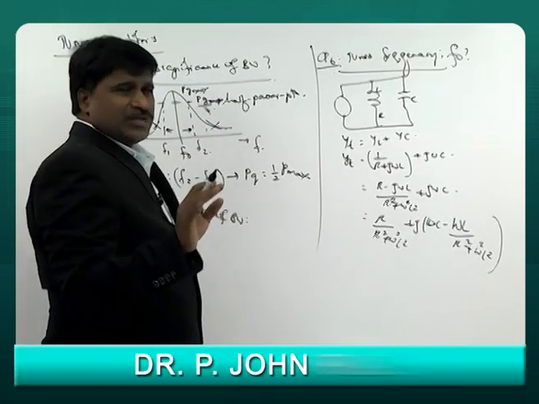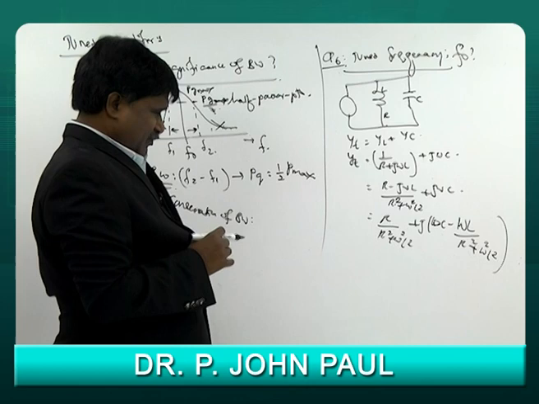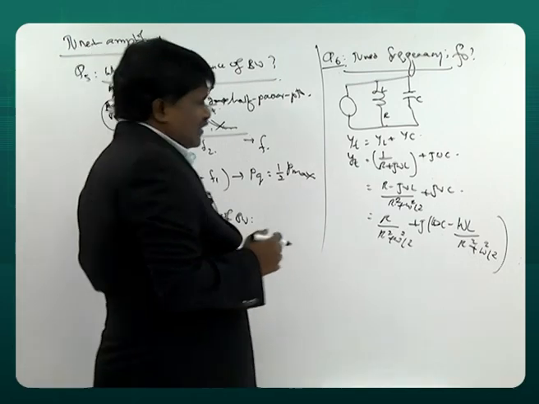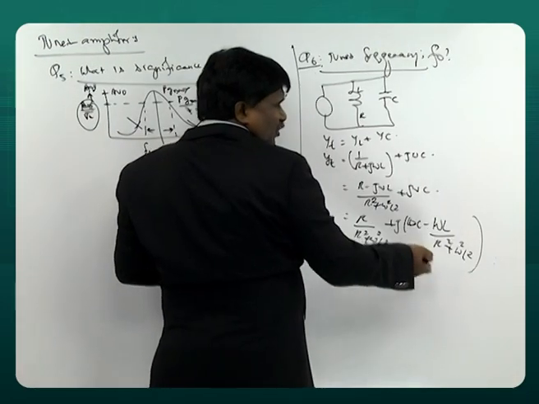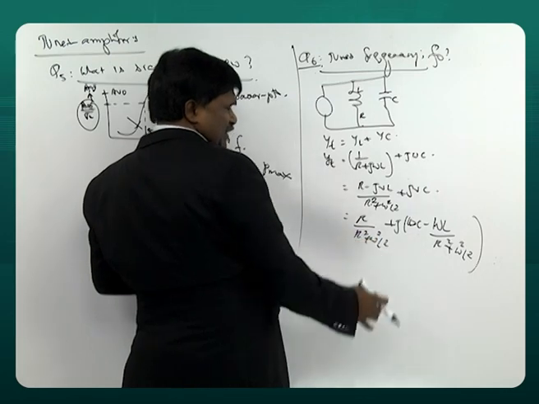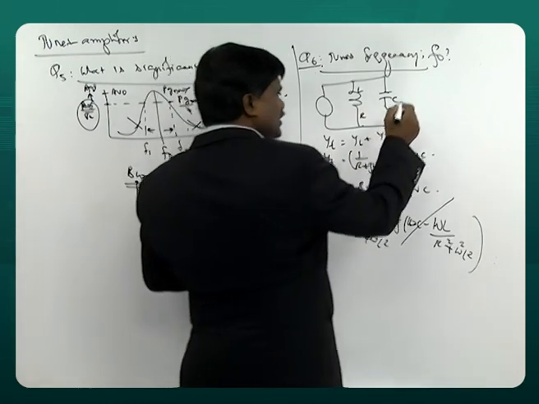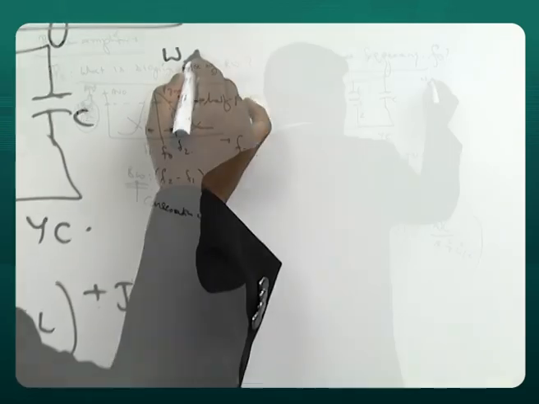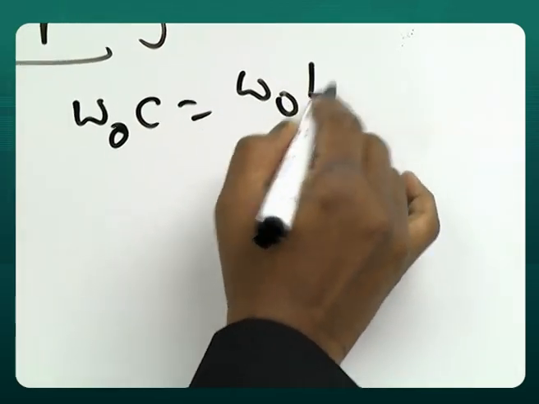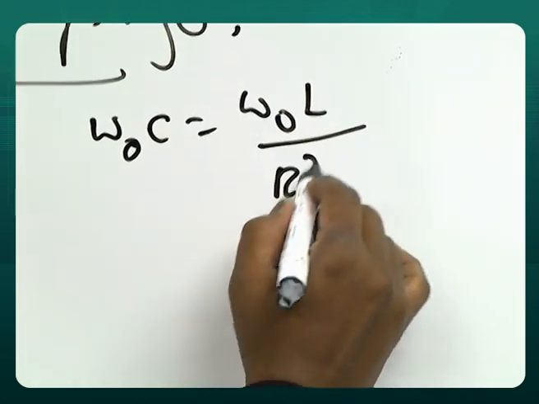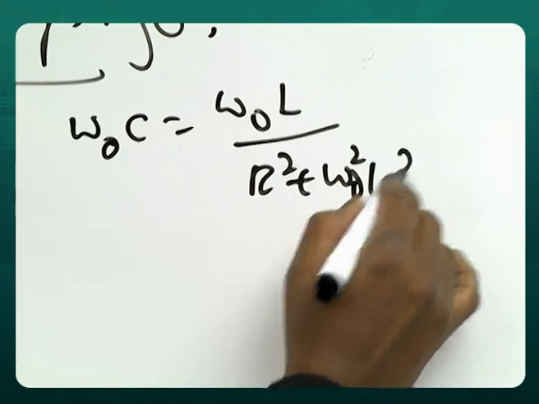For any resonance frequency, put the j term to 0. Why? With the j term 0, there is no more storage, it is only dissipation. Put the j term 0 and you will get F0.